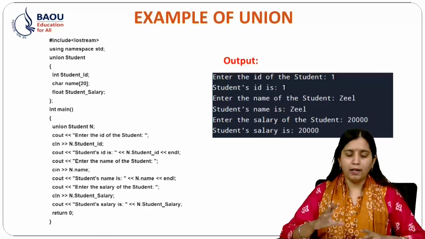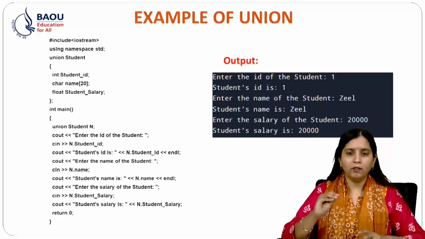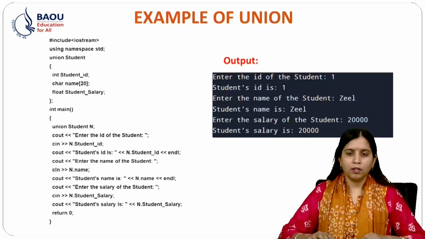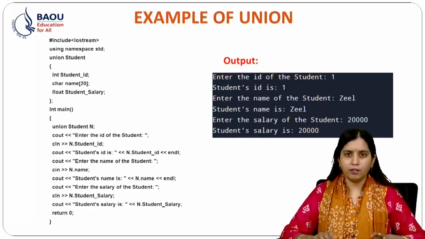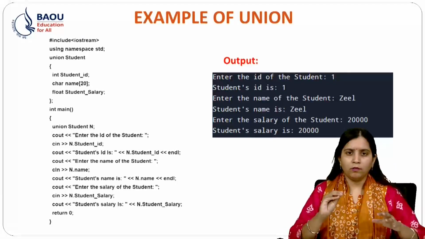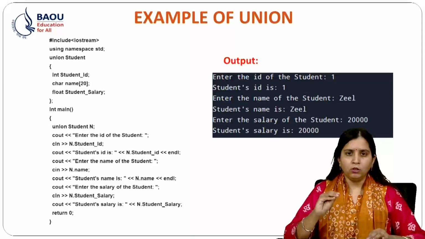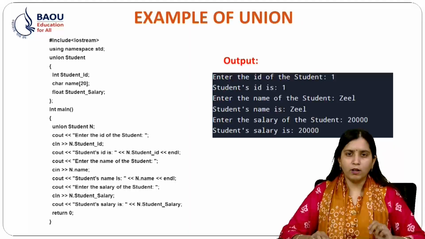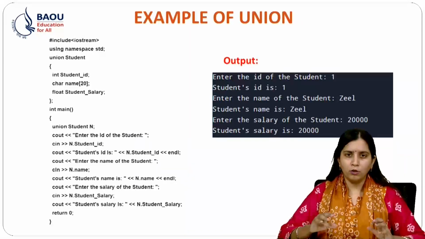So the compiler does not override the first one, and as you can see the difference between the previous one and this value. So I hope now you get the idea about union.